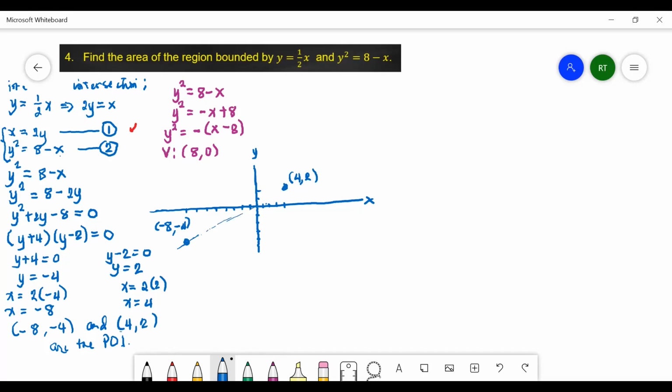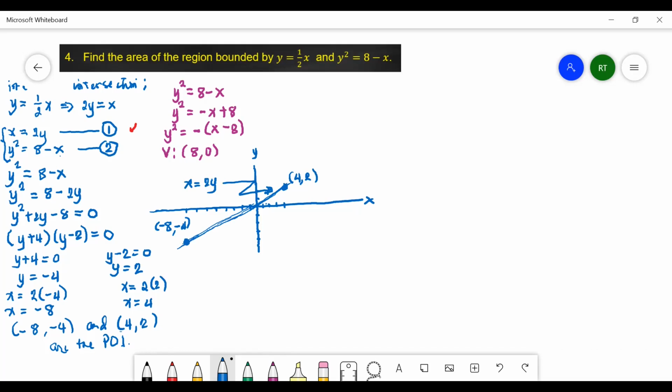So at least we have to show that the line passes through the origin, since the y-intercept is 0. So this is the line. Let us label this. The equation is x is equal to 2y, or y is equal to 1/2 of x.